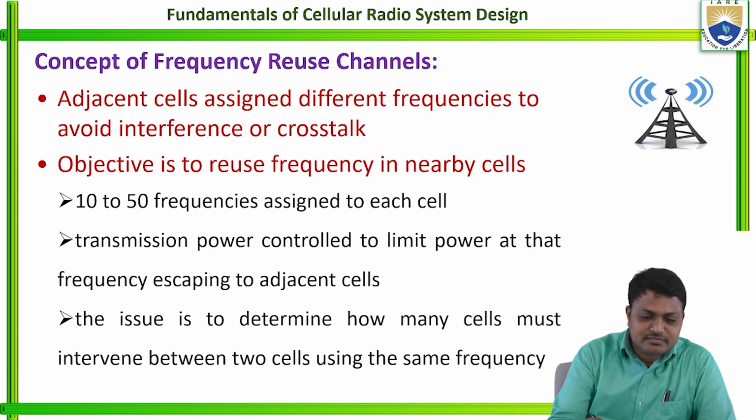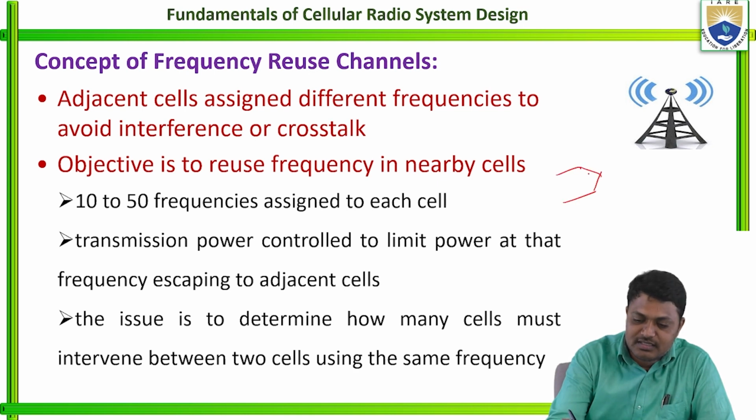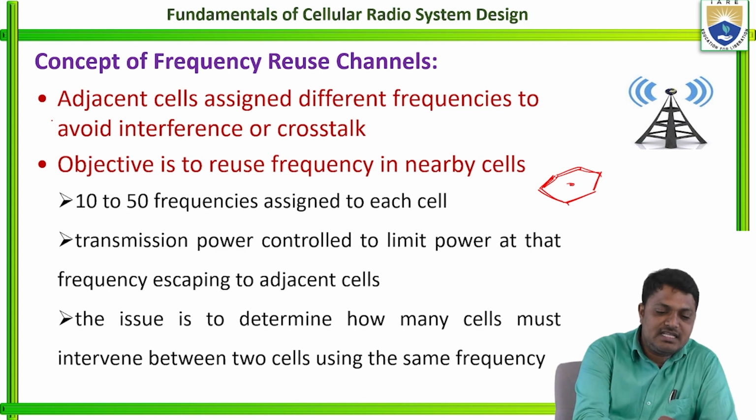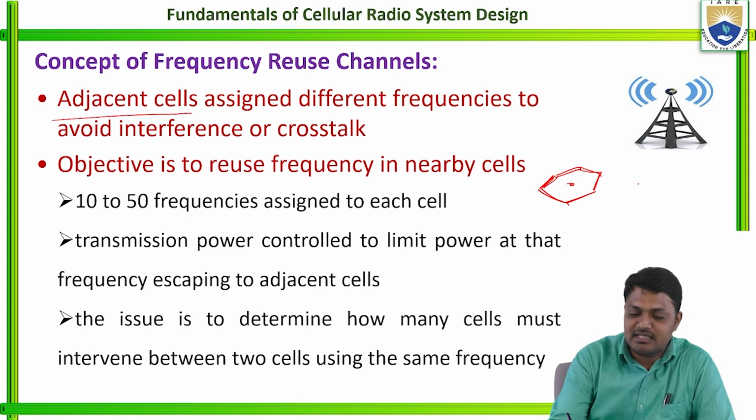For example, the shape of the cell is hexagonal. This is one cell, and each cell has its own base station. The adjacent cells are the nearby cells. Here I am taking a cluster in which 4 cells are available, that is, n is equal to 4.